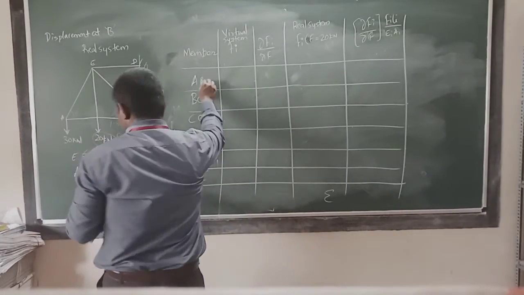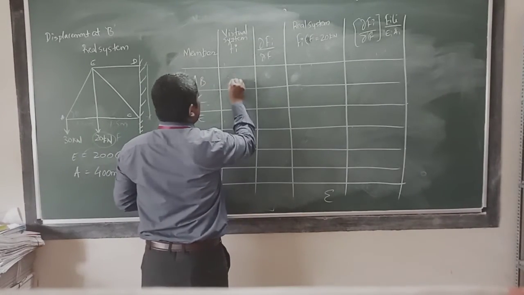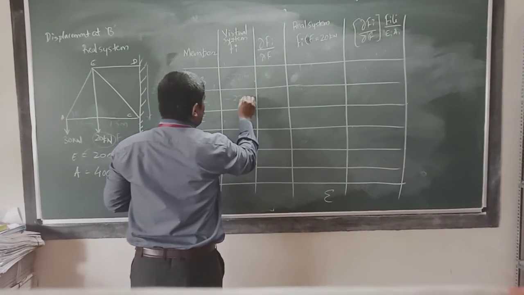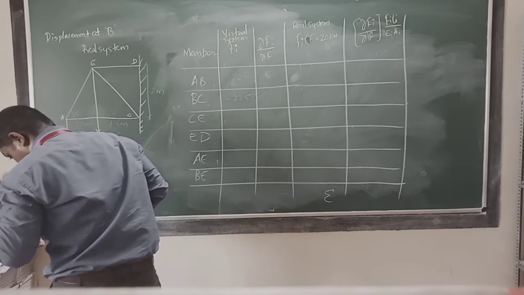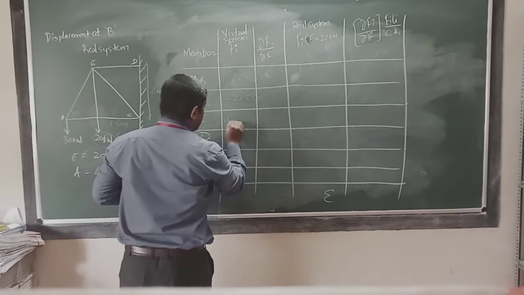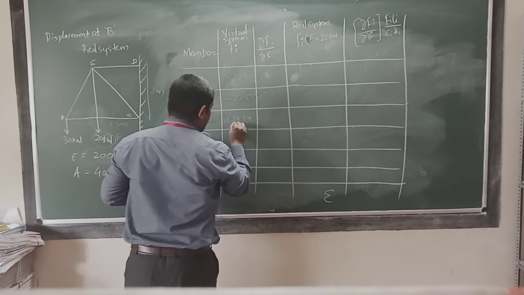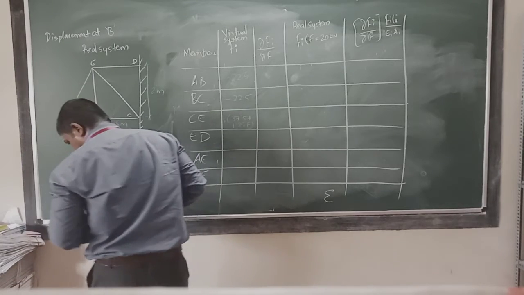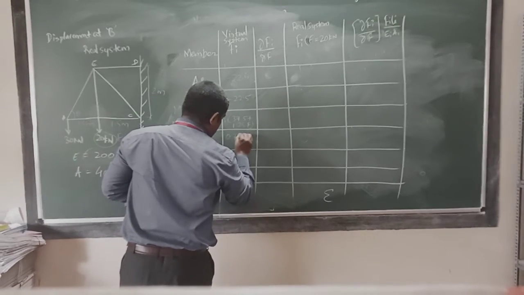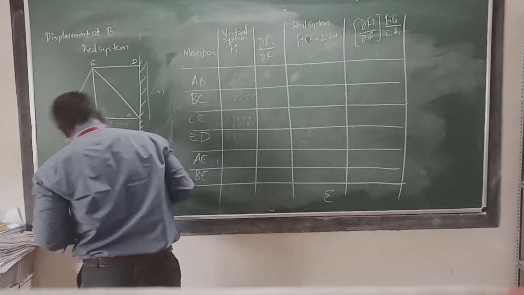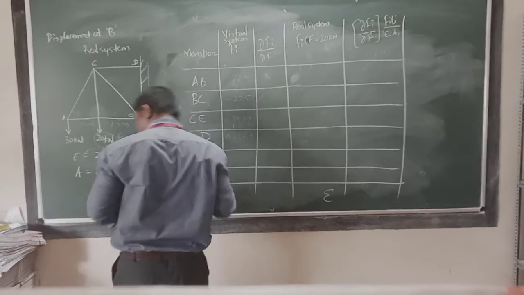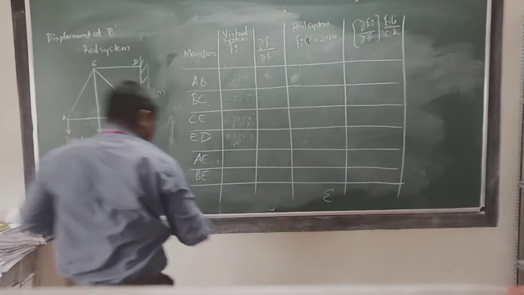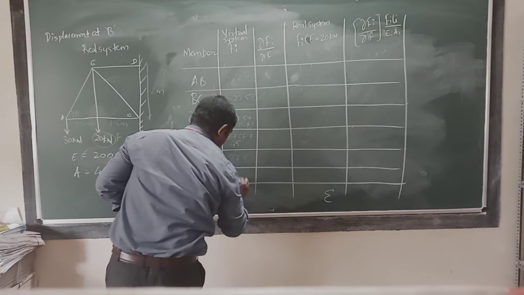And we have got the solution for AB as minus 22.5, for BC also minus 22.5, then for CE it is minus 37.5 plus 1.25 F, then for ED member it is 0.75 F plus 45, okay, and then 37.5.